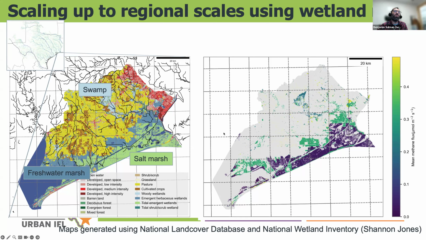And running this model over those contrasting ecosystem types, we can simulate the contrast in methane production per unit area across these different parts of that coastal landscape. And this gives us an ability to talk about some of the environmental co-benefits of preserving some of these ecosystems, which in addition to providing flood mitigation services, also can provide greenhouse gas net flux services.